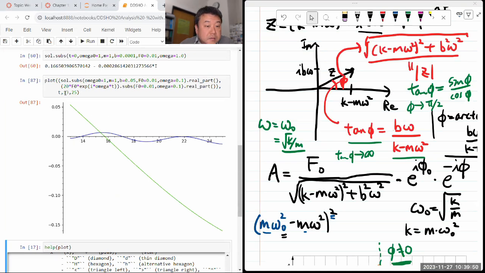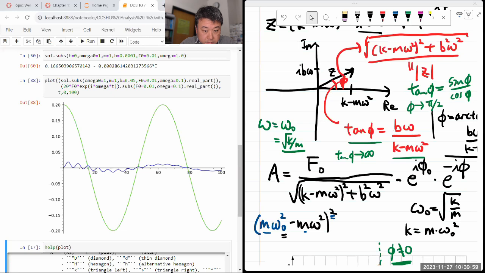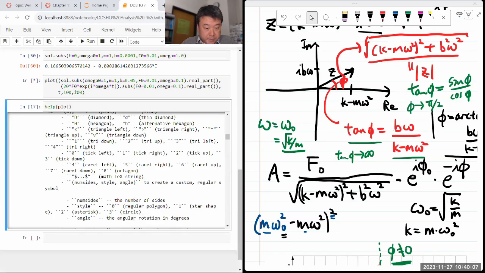And let's see. 0 to 100. Okay, and I think these are the transients. So let me plot it from 100 to 200.